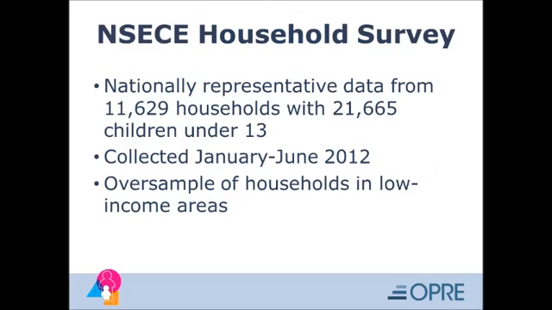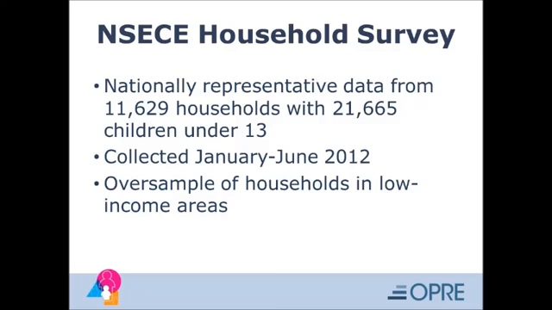So since this topic is about the household survey, we'll spend a few moments with some of the basic details about that survey. The NSECE household survey data file covers 11,629 households, who amongst them include 21,665 children under 13.